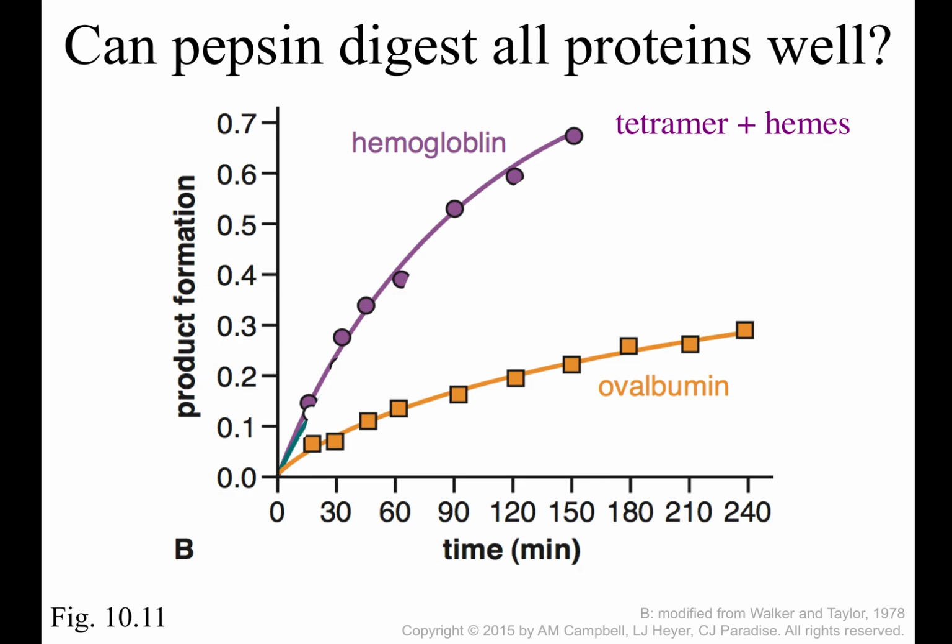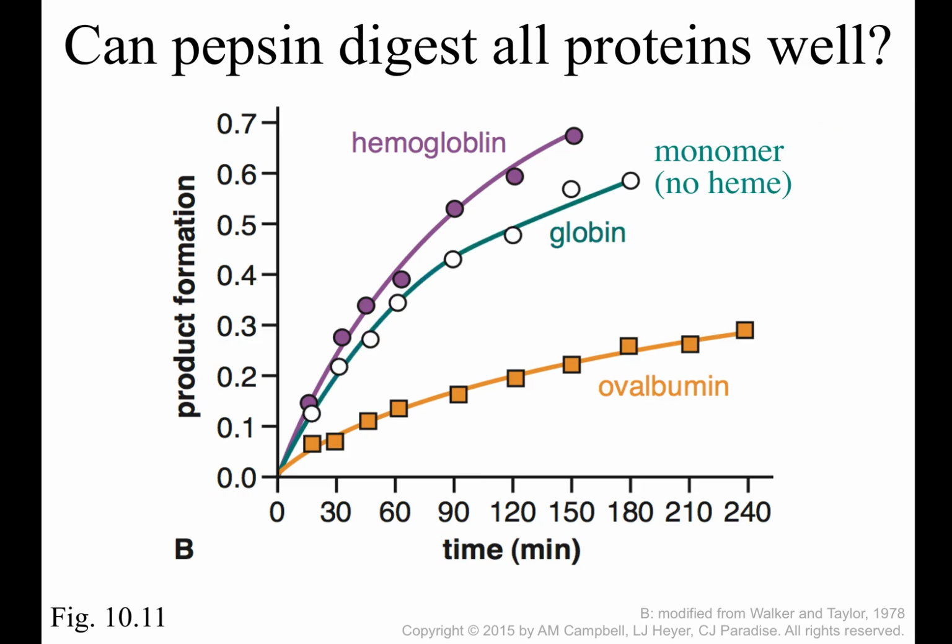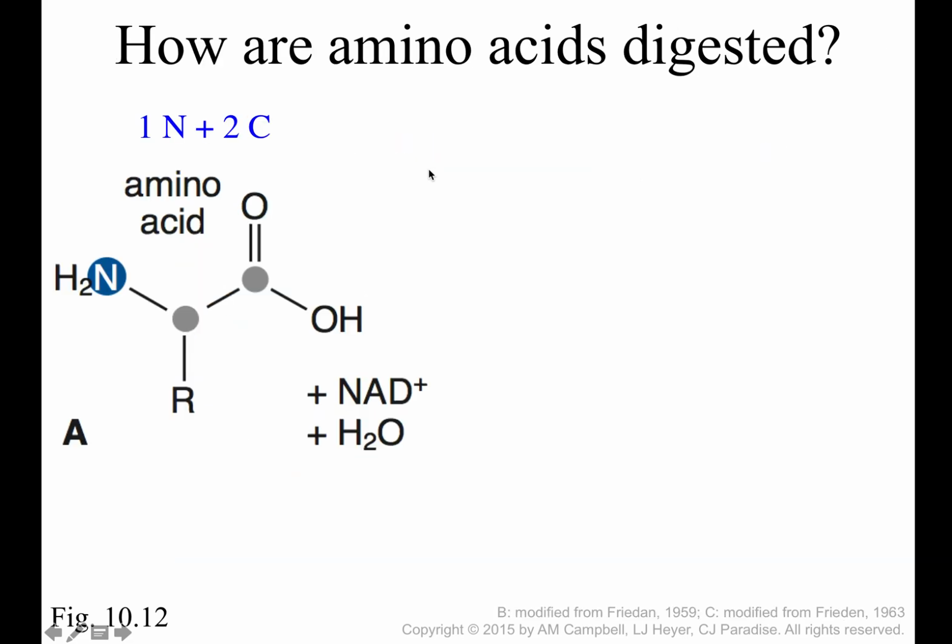If you give it another protein, like hemoglobin, it does much better. And if you take hemoglobin apart without the heme, it does a little bit worse. But the point is that not all proteins are equally well suited for that particular protease to work on.